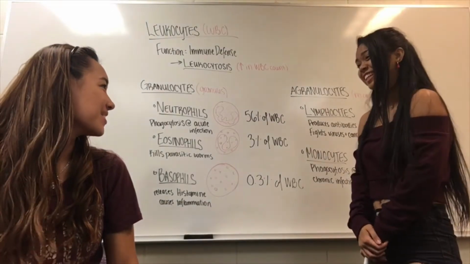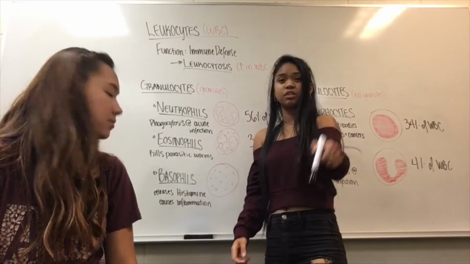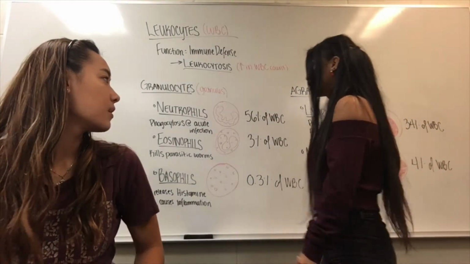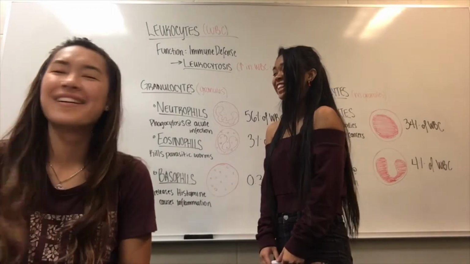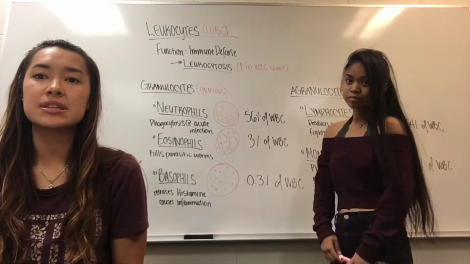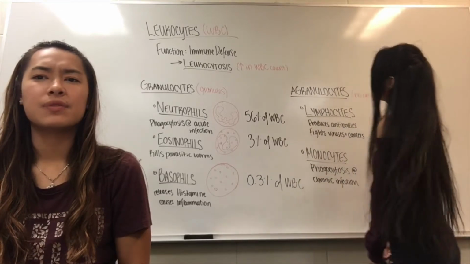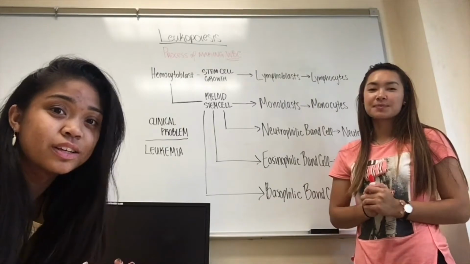What'd you do though? I was reading off your notes that you handed me, and it didn't say cause inflammation, so I was writing inflammation, then I wrote inflation. Which release histamine and cause inflation. Inflammation. What I said inflation.